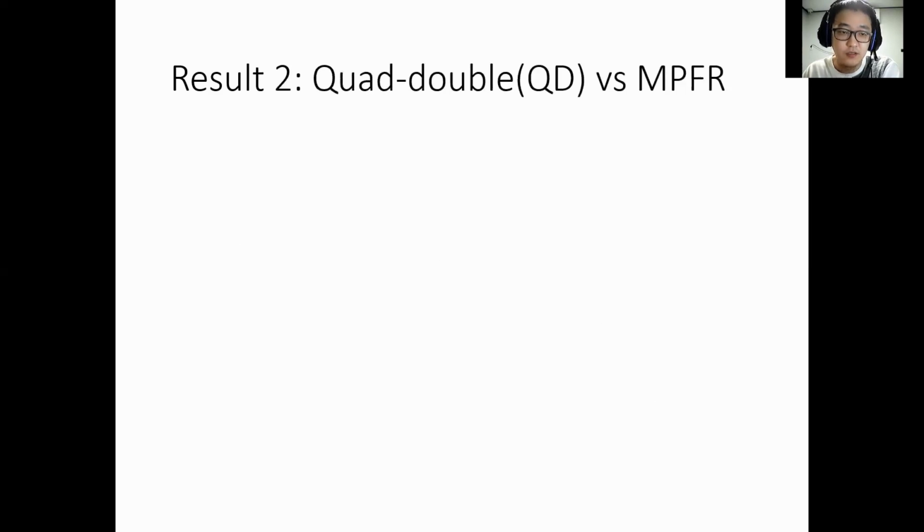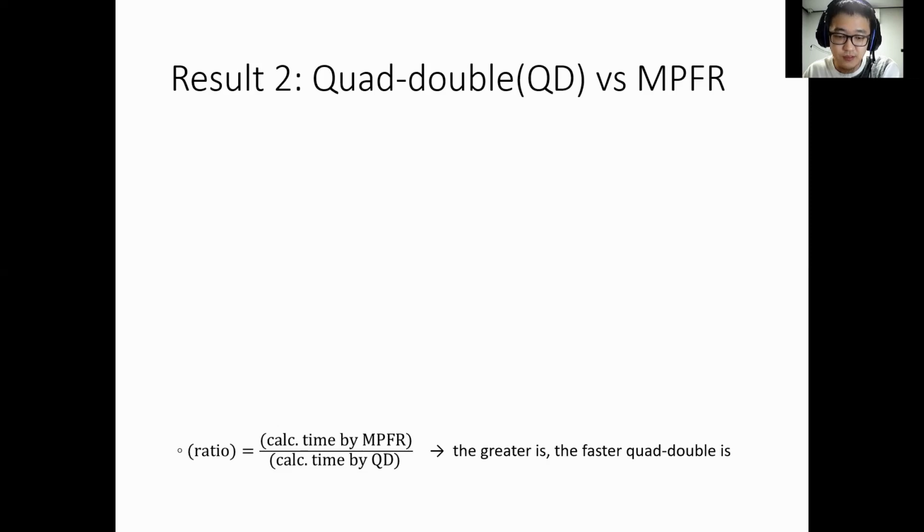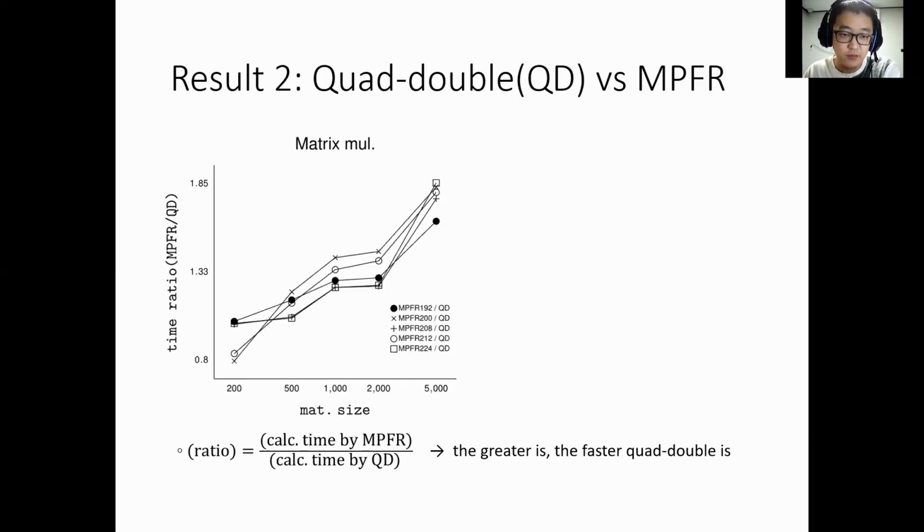Okay, this is the second test. We also used the time ratio. This time we used the quad double time. And what it means is also the same. If this time ratio is greater than 1, then quad double runs faster than MPFR. But the test result was not that promising. The time ratios are around the number 1.